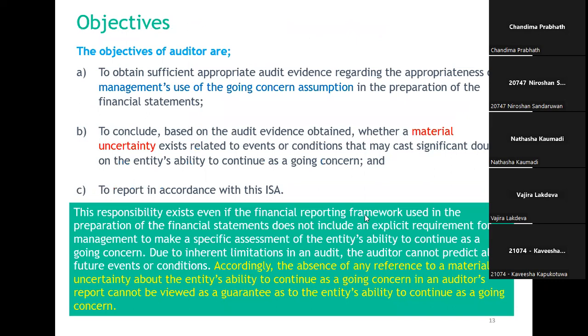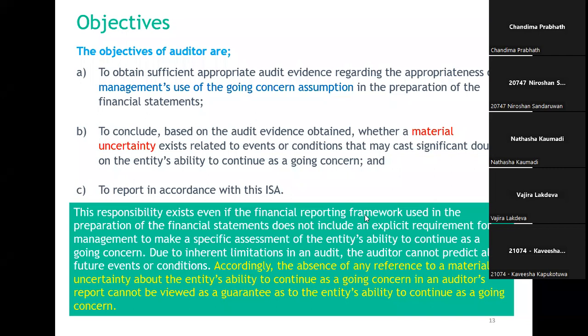The objectives of the auditor are to obtain sufficient appropriate audit evidence regarding the appropriateness of management's use of the going concern assumption in the preparation of financial statements. What is the first objective? To obtain sufficient appropriate audit evidence regarding the appropriateness of management's use of the going concern assumption in the preparation of the financial statements.